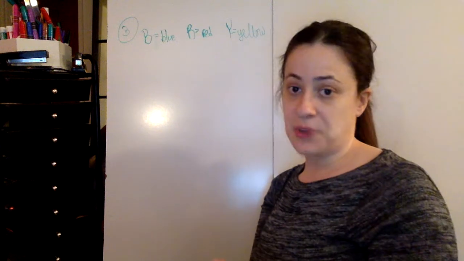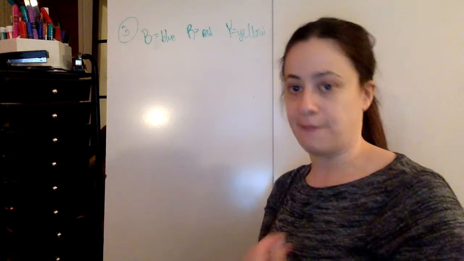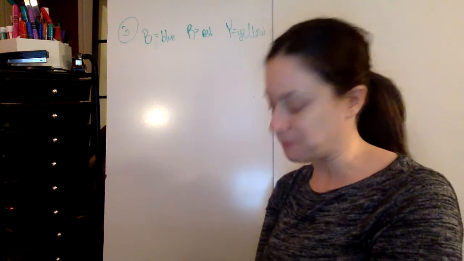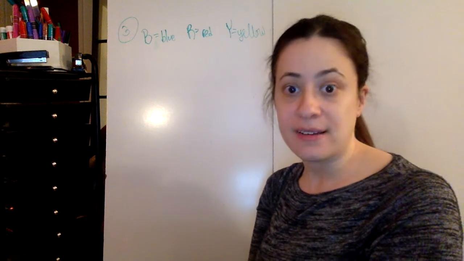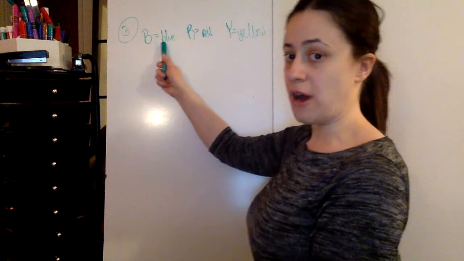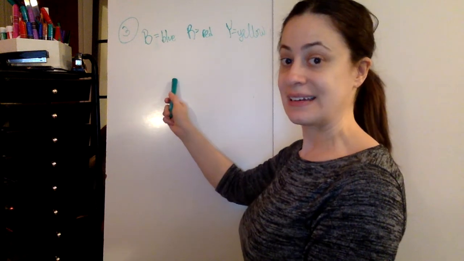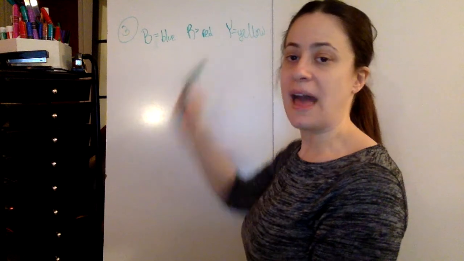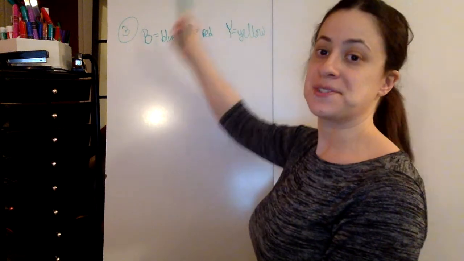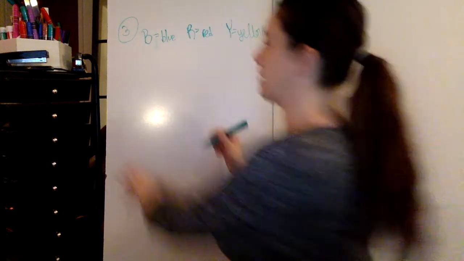So the next question is, is black recessive or dominant, and then explain. Black is recessive because when you cross the blue with the black, or the red with the black, or the yellow with the black, these colors all dominated over black.